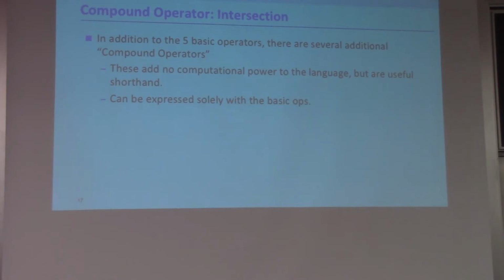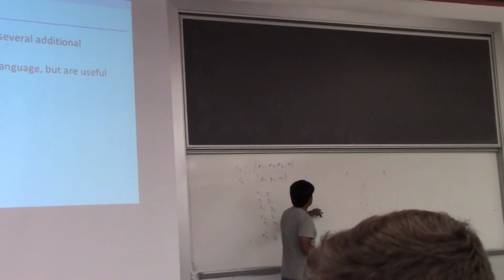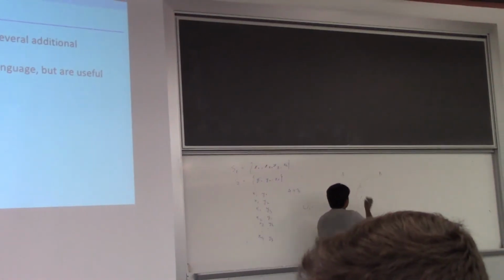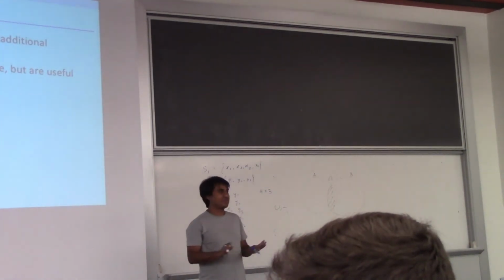Now let's talk about the intersection. I'll just draw this. This is say A, this is B, and I want to find this part, the intersection. With any operator set, you can use union, you can use difference. So how can I get this one? Anyone who has not looked at the slides can try.